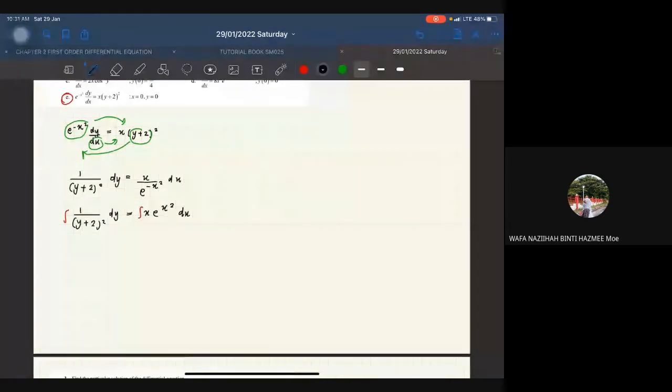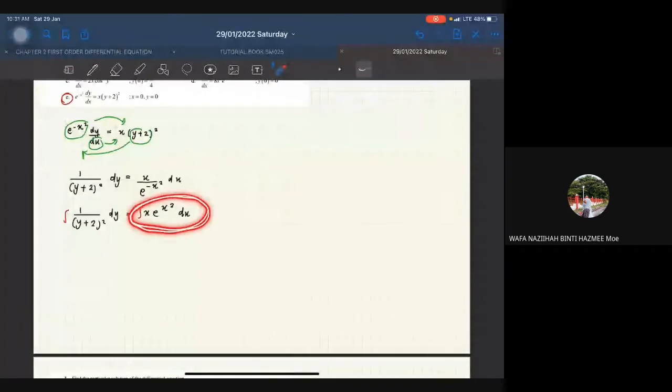Ini idea? Pakai U substitution. Yang belah kiri ke yang belah kanan? Belah kiri ke nak pakai substitution? Kanan. Okay, betul. Alright, so kanan kita boleh guna substitution.